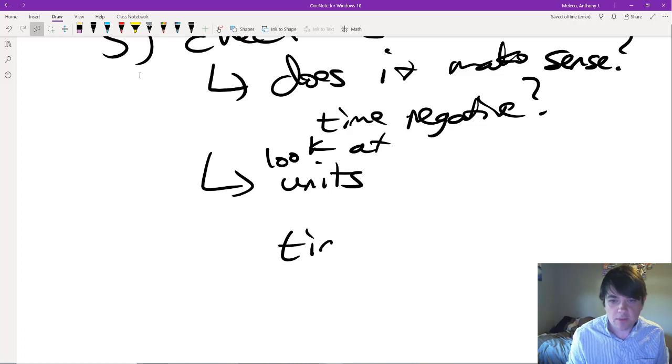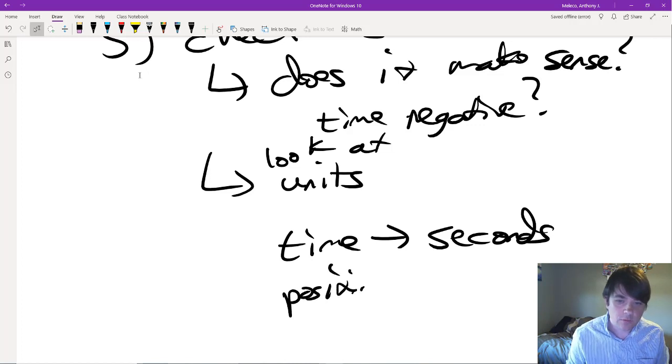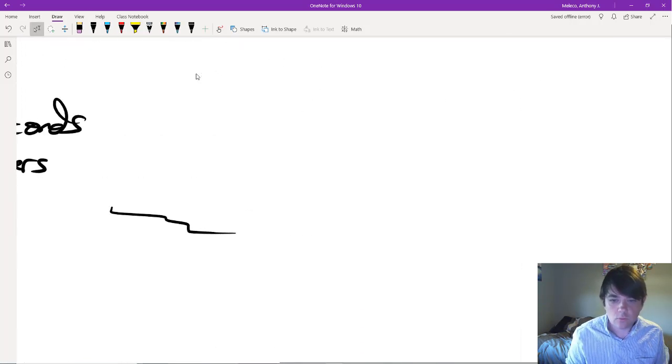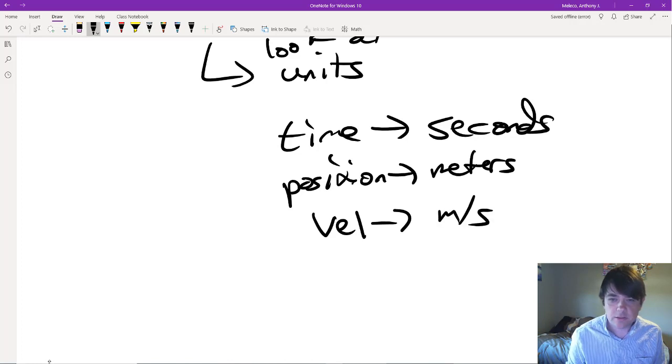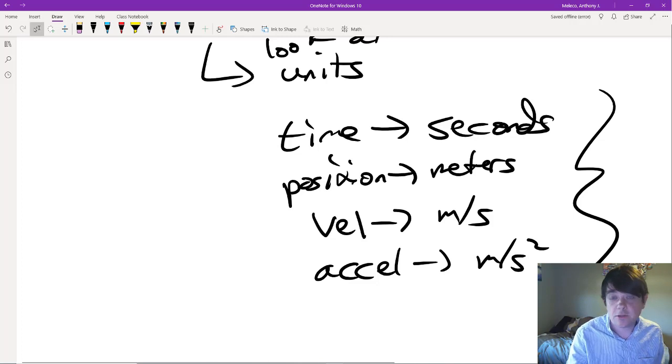For example, time needs to be in seconds. Position, typically in meters. Velocity, meters per second. Acceleration, meters per second squared. So if I don't have these units at the end, I know I messed up somewhere along the way. And that's another way to check.